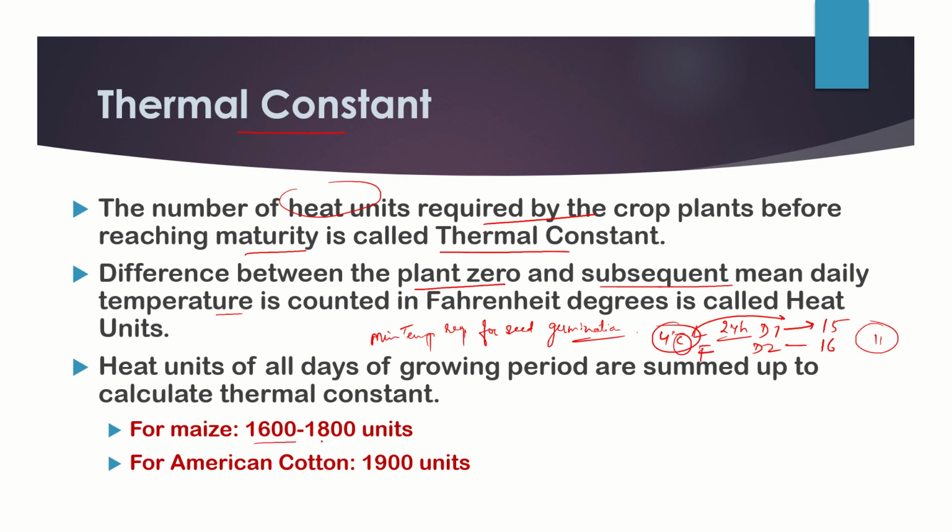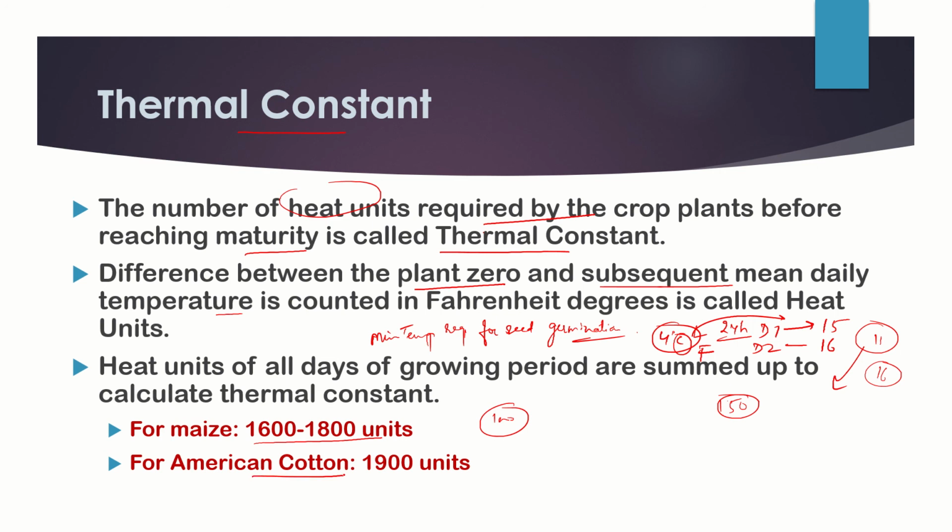For maize, it has been found that it is 1600 to 1800 units. So if for a day I am saying 11, it will be approximately 150 days required for maturity, right? If for a day the heat unit comes out to be 16, then for 1600, within 100 days the crop is going to get mature. So you can have an idea.